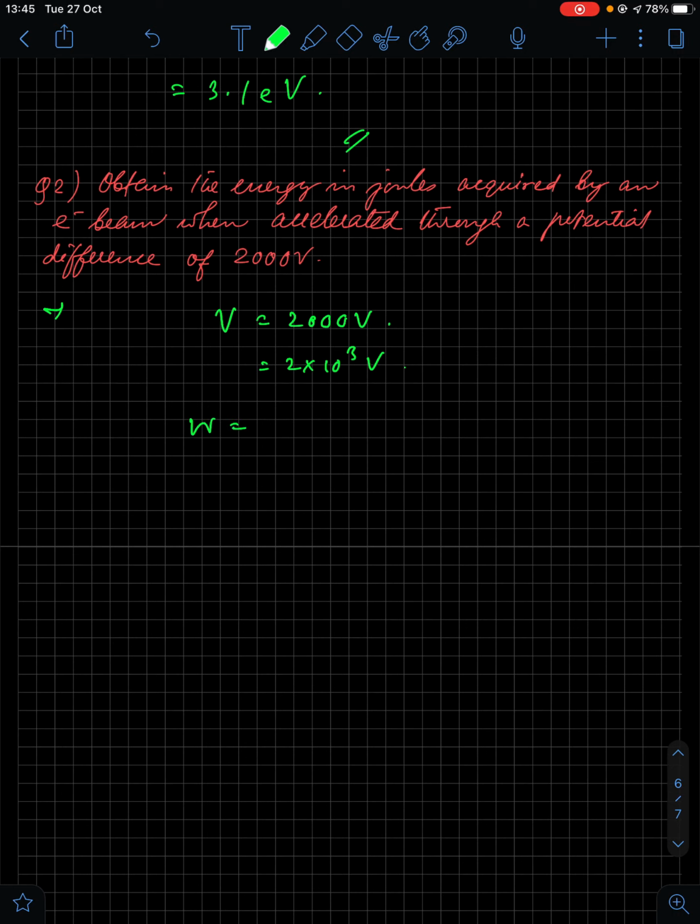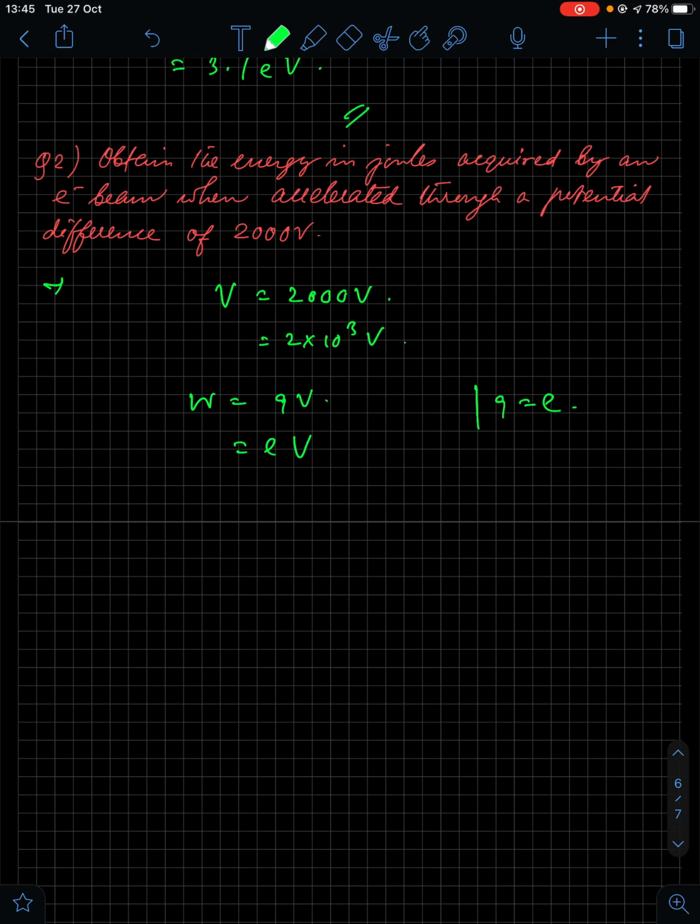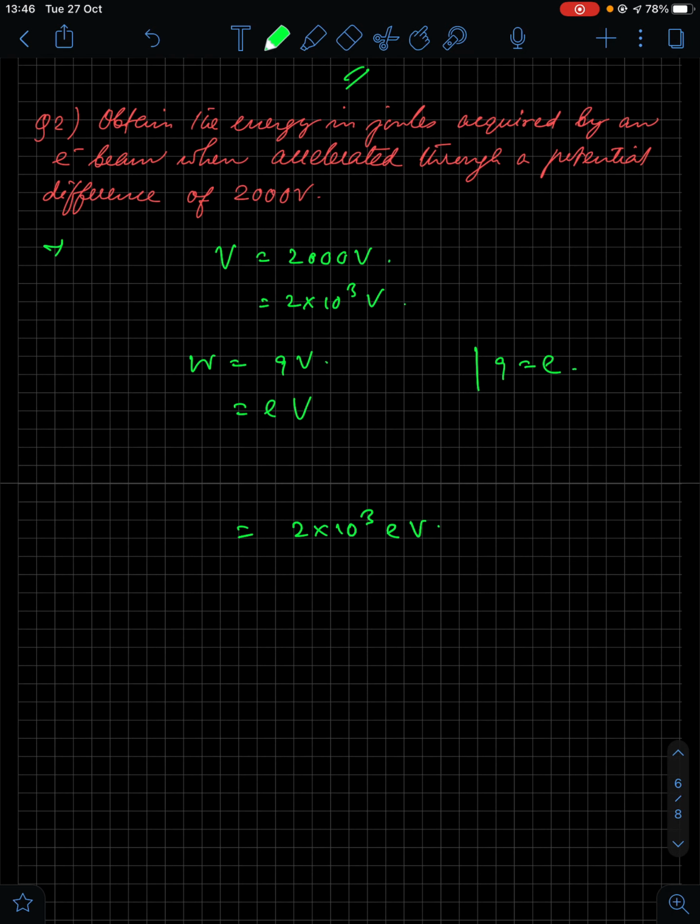So work done, which will be equal to the kinetic energy possessed by the moving electron, right? And that will be equal to qV. Since the charge is an electron here, we'll put e in place of q, and once you put the value of V, that is 2 into 10 to the power 3, 2000 electron volt is your answer, right?